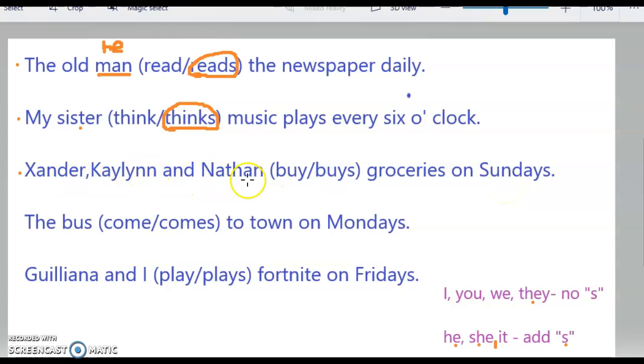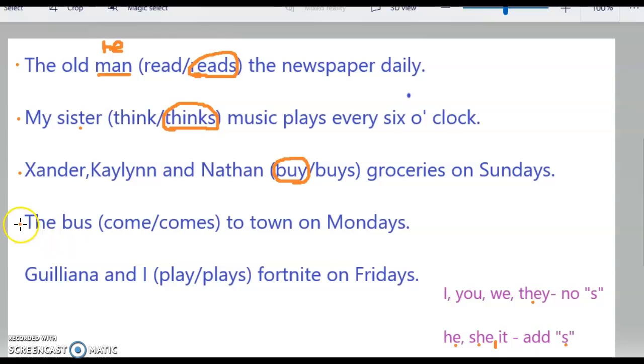So if it's they, we do not need to add an s to the verb form. So we will just say, Xander, Kaylin, and Nathan buy groceries on Sundays. So this would be our answer here, because we do not need to add s when we're referring to they.